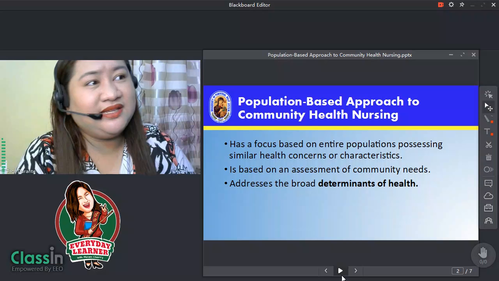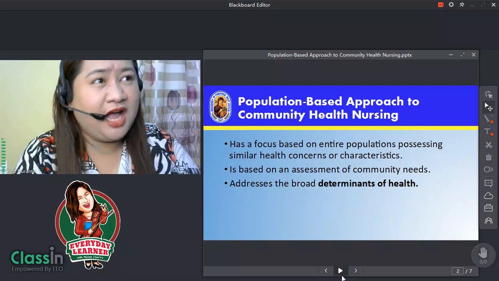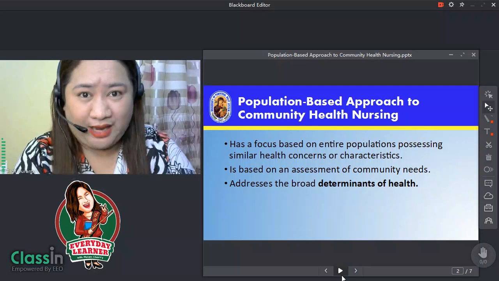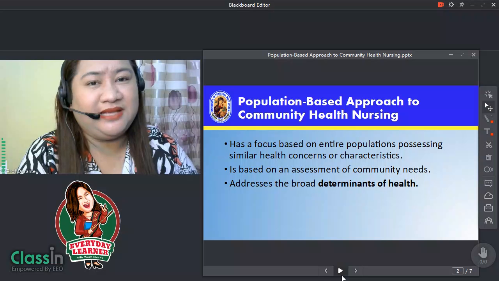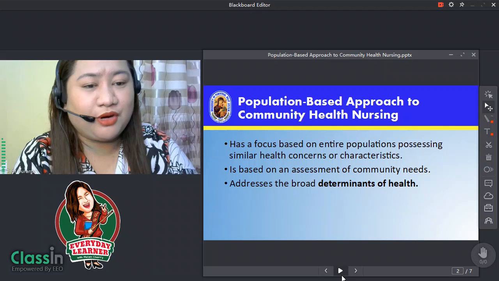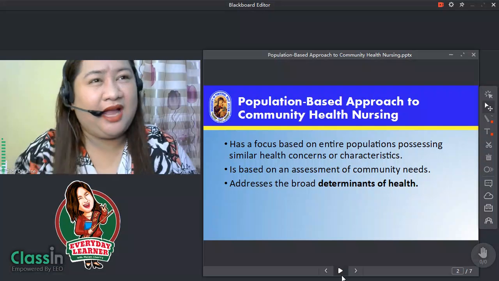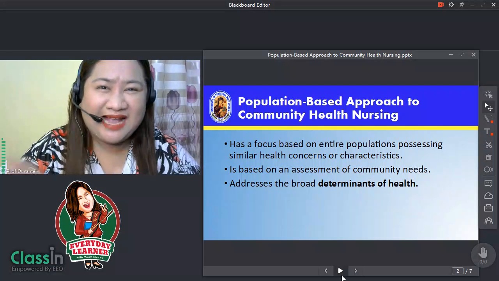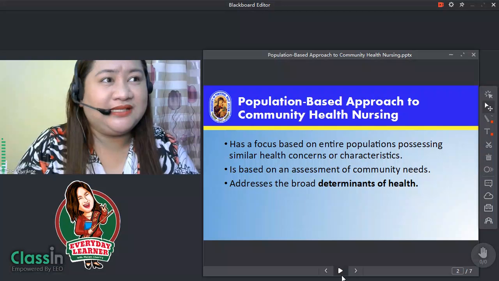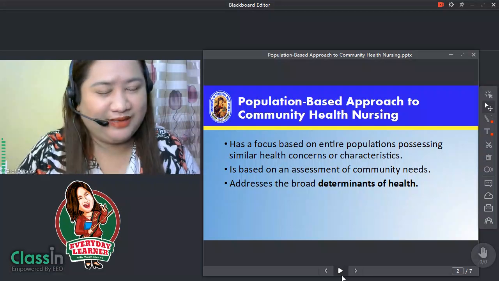So this is not a specific problem, not a specific individual. When we talk about your population-based approach, we're talking here about looking at the community as an entity, not just one person. Okay, so I hope that you're getting what this means.